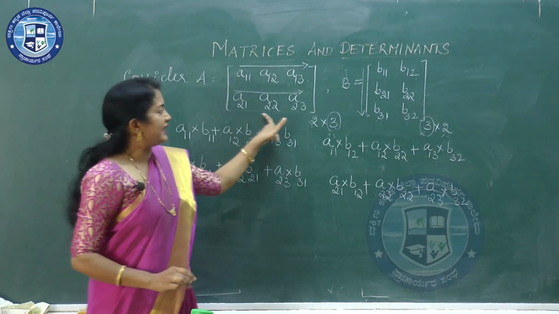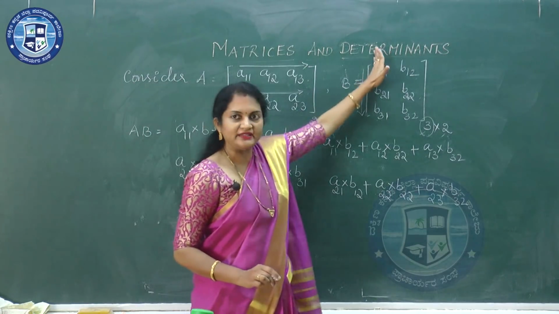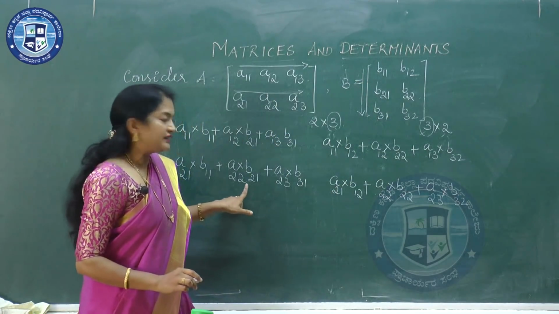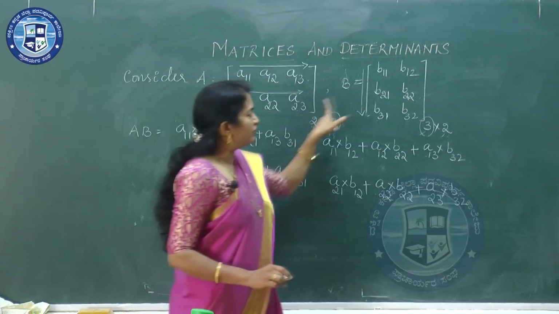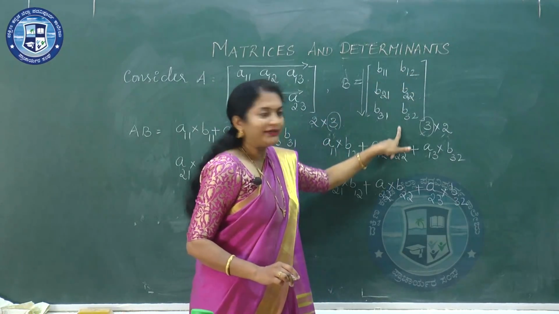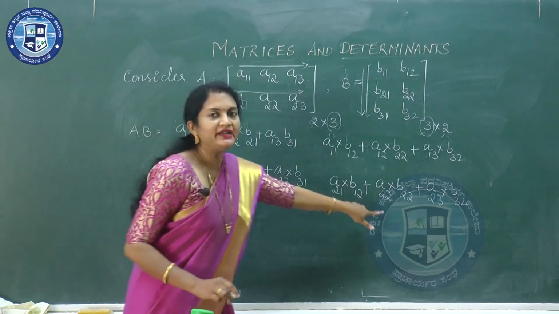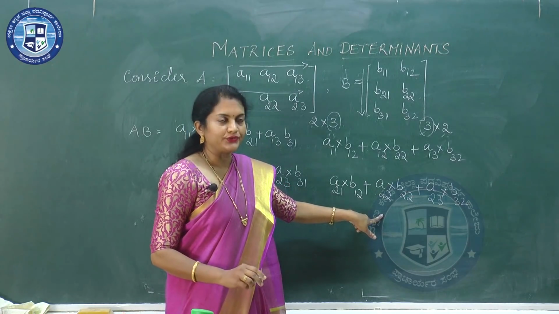So with this second row we multiplied the first column to get this first element of second row. Second row multiplied by second column gives the second element of the second row.